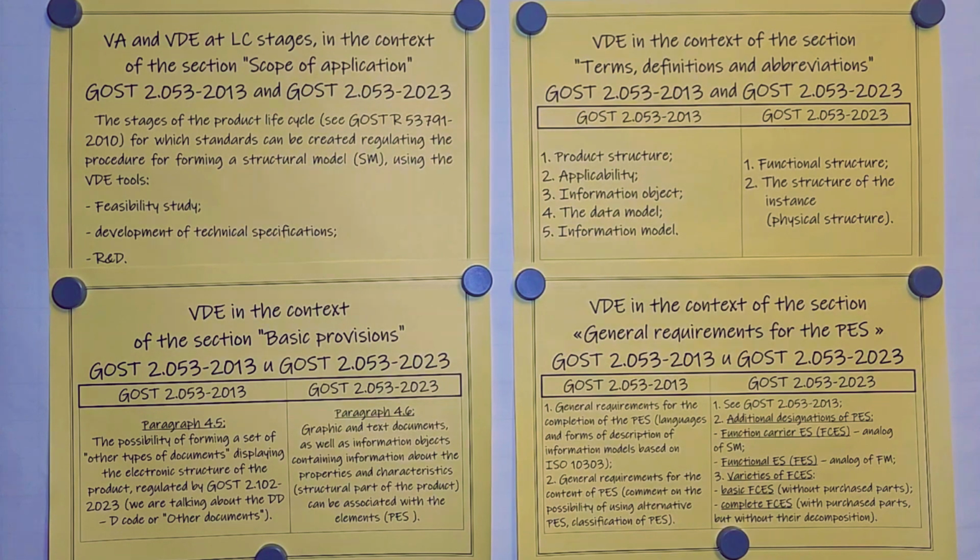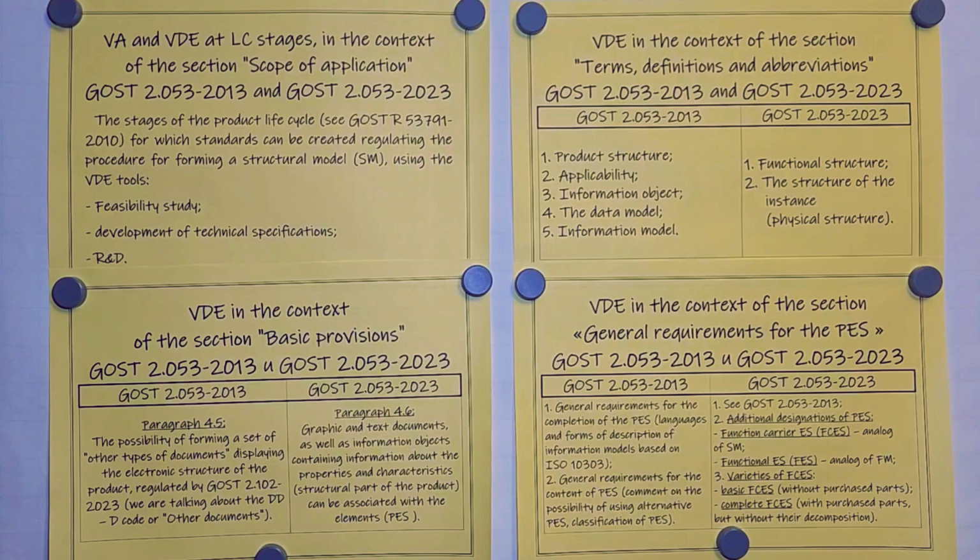GOST from 2014 provides a definition of the information model, which is also quite abstract. GOST from 2023 doesn't have it, taking into account the fact that both the structural model and functional model are models belonging to the information class, that the presence of this definition can be considered as an indirect confirmation that when displaying the structure of the product, in this case, value analysis tools can be used.